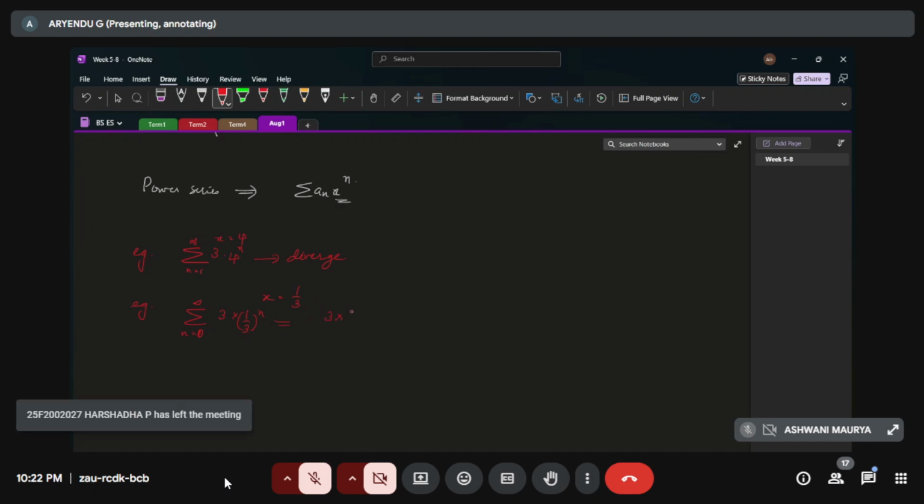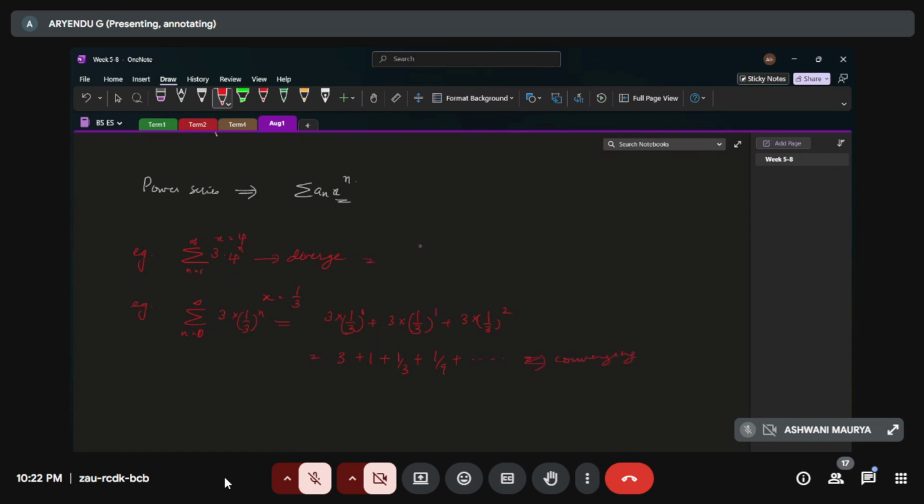You can see 3 into 1 by 3 raised to 0, plus 3 into 1 by 3 raised to 1. If you calculate it, this will go to 3 plus 1 plus 1 by 3, and then the next one will be 1 by 9. As these values are becoming smaller and smaller, it will converge at some point, and so this is a converging function.